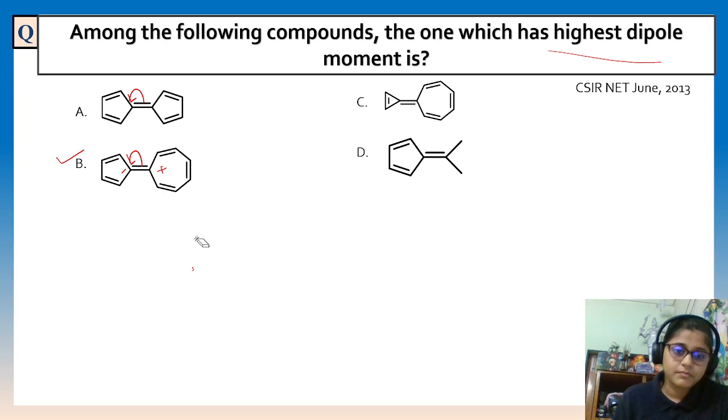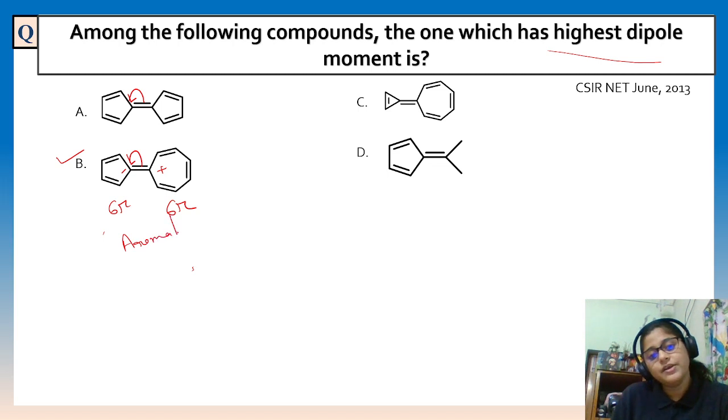So now 1, 2, 3, 4, it has a negative charge, right? 1, 2, 3, 4, 5, 6, 6 pi. 1, 2, 3, 4, 5, 6, 6 pi whole conjugated system. So it is aromatic, it is also aromatic. The whole system is aromatic. Okay. So we don't have to see the other option, like if we break it this way. Because we have found it in this way only, it is aromatic.